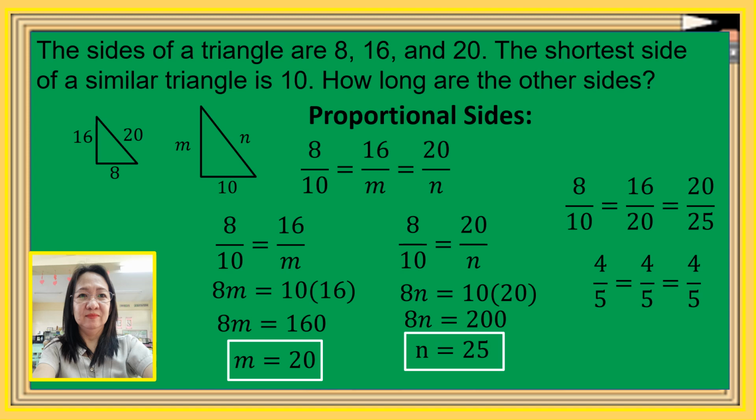The same thing with 16:20, the similar number or the LCM is 4. So we will obtain 4:5. And the same process with 20:25, where the LCM is 5. So 4:5 is what we call the scale factor. So our obtained values for M, which is 20, and N is 25, are correct.